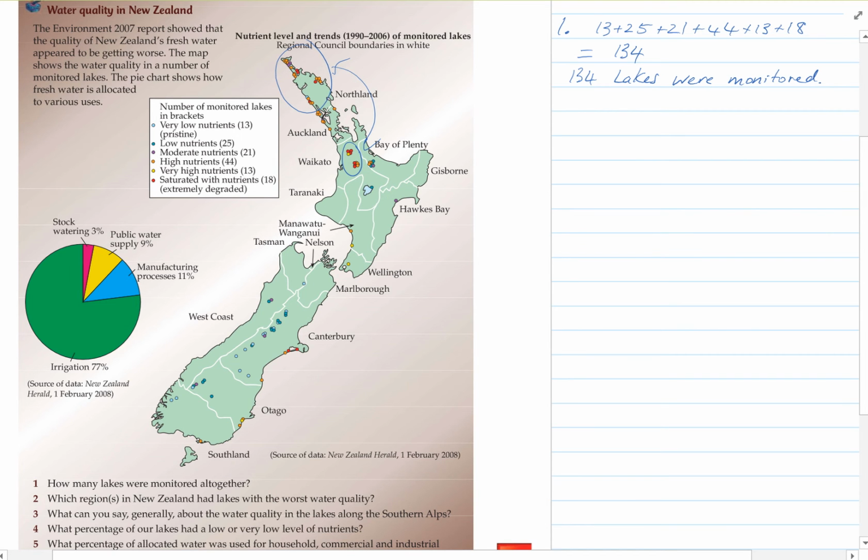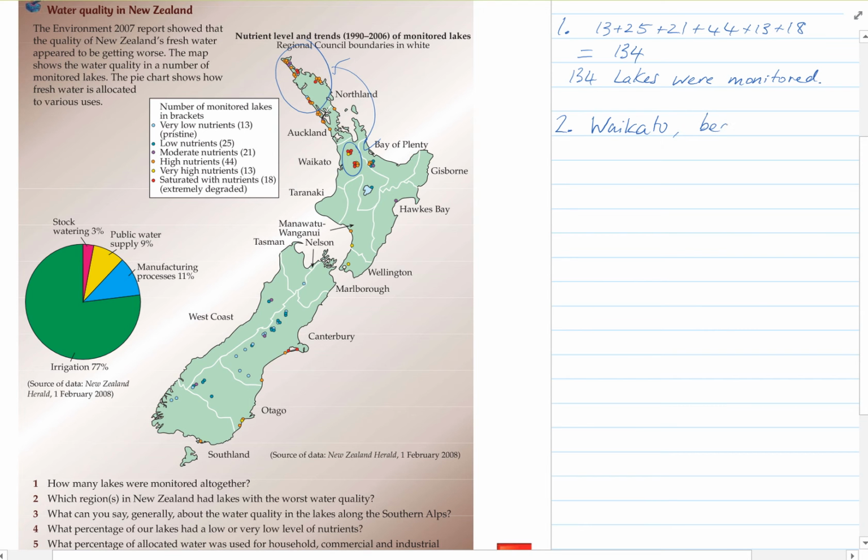So it's a bit of a judgment call here really, because we can probably see more red dots in Waikato, but there's a lot more lakes in Northland and a lot of them are orange. So you could probably get away with saying either region, so long as you backed it up with some sort of reason. So I'm going to go ahead and say Waikato, and I'm going to say, because it's got the most lakes saturated with nutrients.